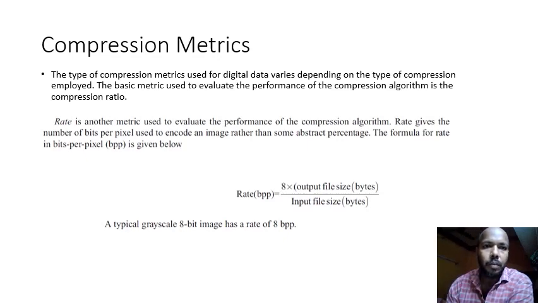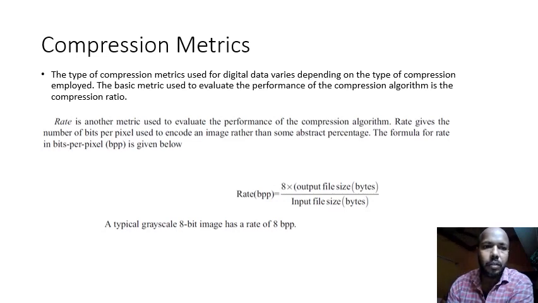That is, we can say compression metrics. The first one is the compression ratio. It is a very important compression metric to measure the performance of compression algorithms. And the next one is rate.